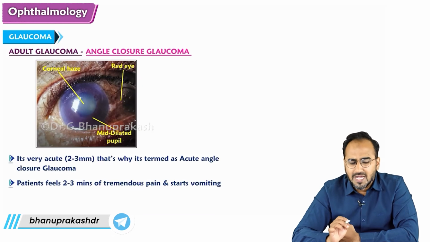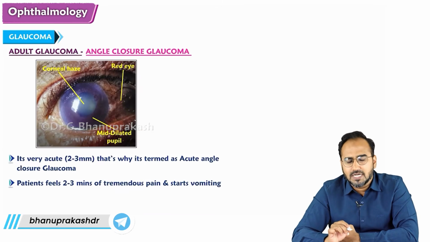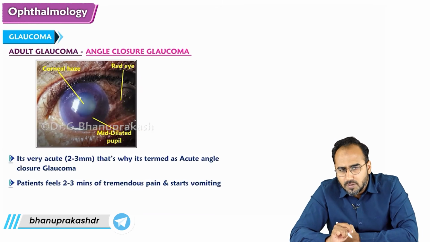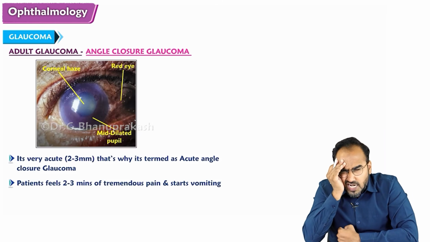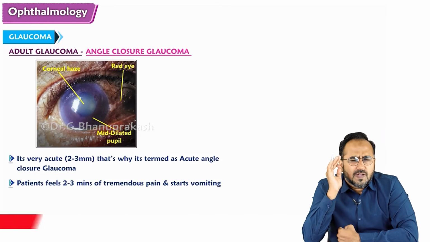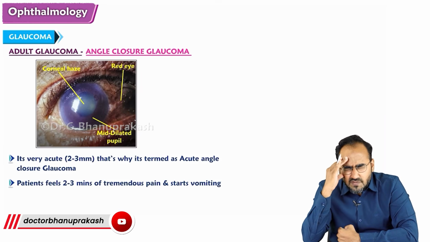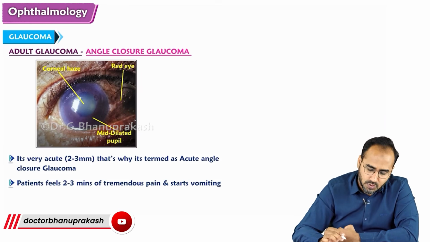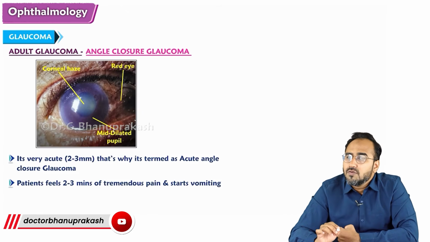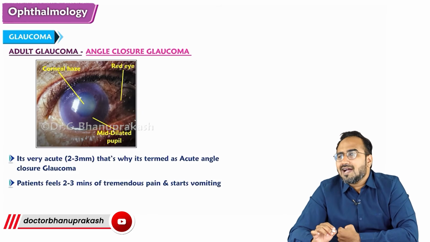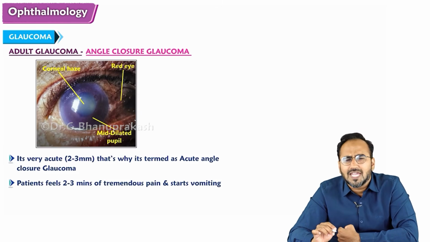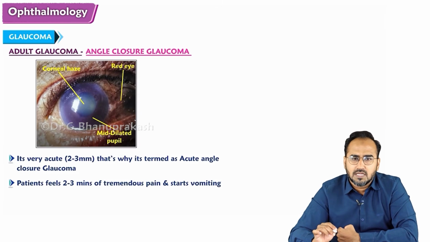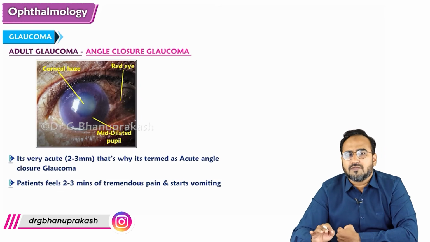So, guys, what is the clinical feature of a patient suffering from angle closure glaucoma? The patient will have sudden onset of very acute pain. Sudden severe pain in the eye. Guys, remember, if you want to choose ophthalmology as your PG subject, you can easily choose it. Why? Because you don't have many emergencies in ophthalmology.